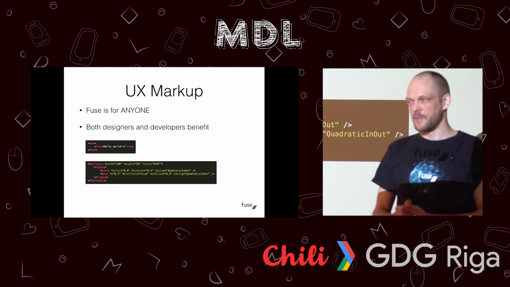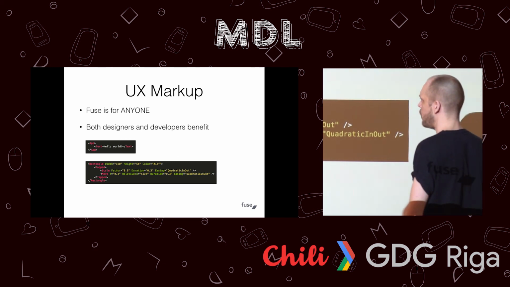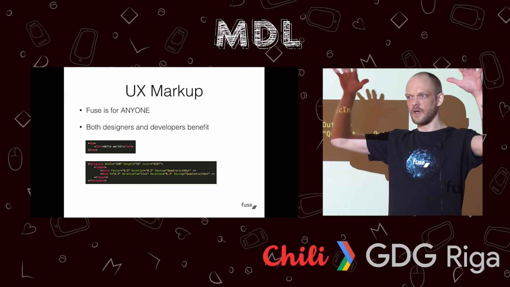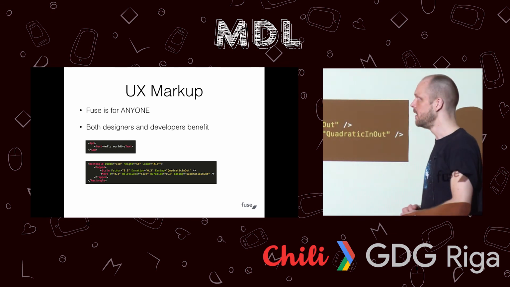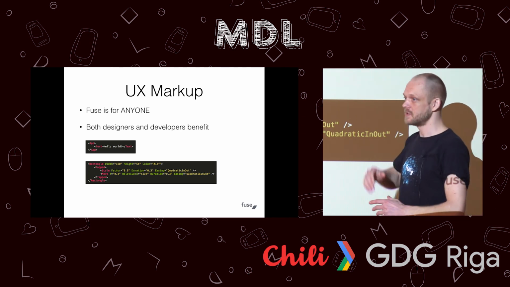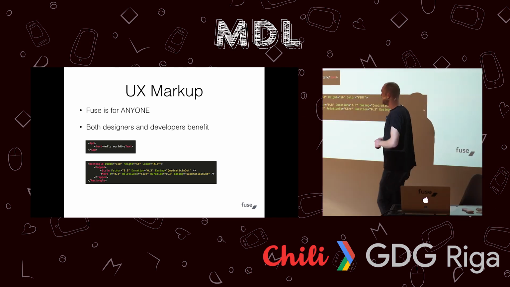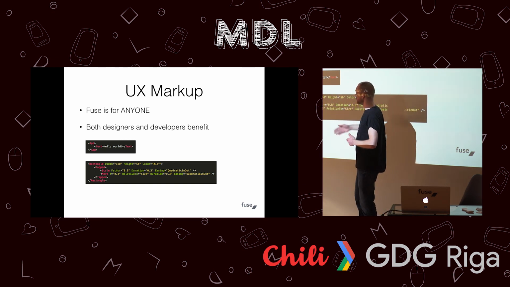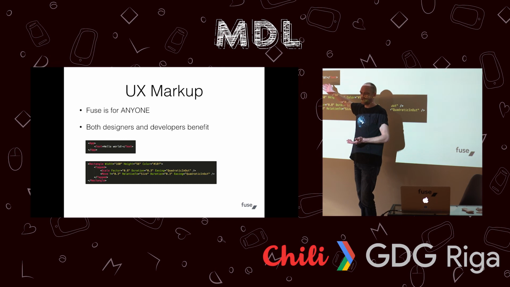Now, UX markup. This is probably the point where Fuse stands out from the crowd, way above the crowd, because Fuse is for everyone, for anyone. Now, this is the UX markup that you actually write in a Fuse application. So this is a hello world application, right?